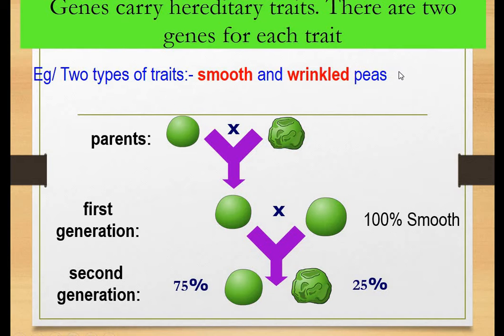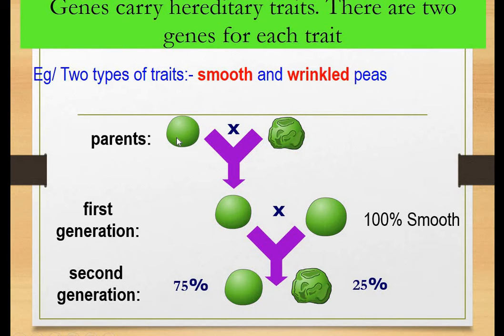So if we look at an example of the pea plant, there could be chromosomes from one parent for a round or smooth texture, and the other parent could have chromosomes for a wrinkled texture.